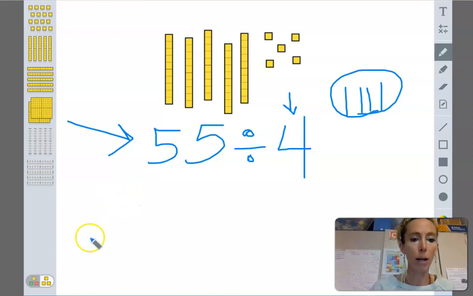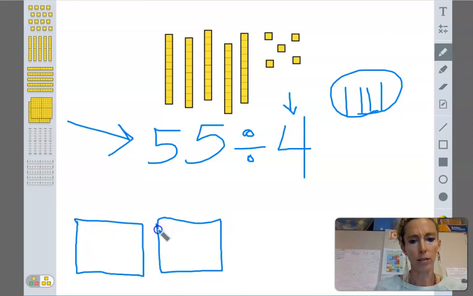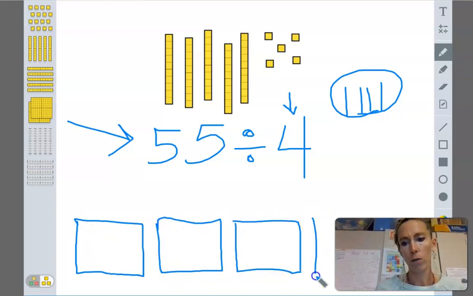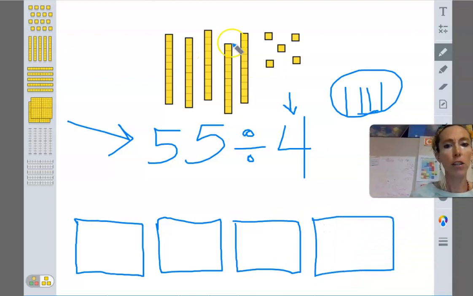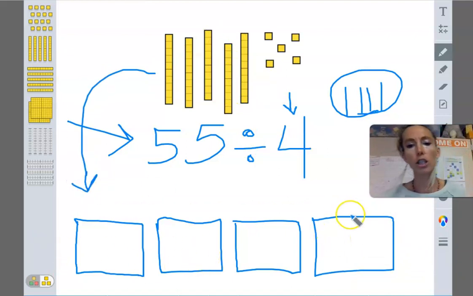So now my picture, I have 1 person, that's me, okay? And then I have 3 friends. So that's 2, 3, 4. So that is 4 of us. I'm going to take my 55 pieces and I'm going to split them up equally amongst the 4 people. And one of those people's me.